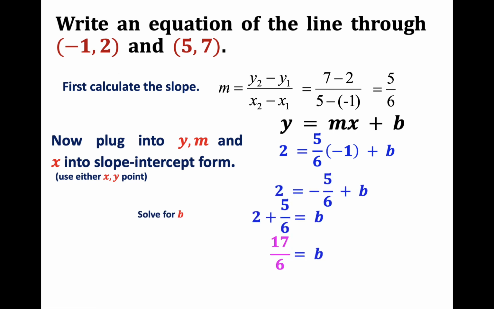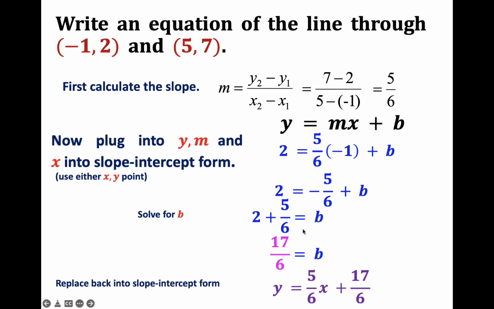Makuha mo yung b is 17 over 6. So, that will be the value of b. So, replace this back into the slope-intercept form. So, alam natin, y, where m is 5 over 6, is 5 over 6 x plus 17 over 6. So, this will be your equation. Ayan, only replace m and b.